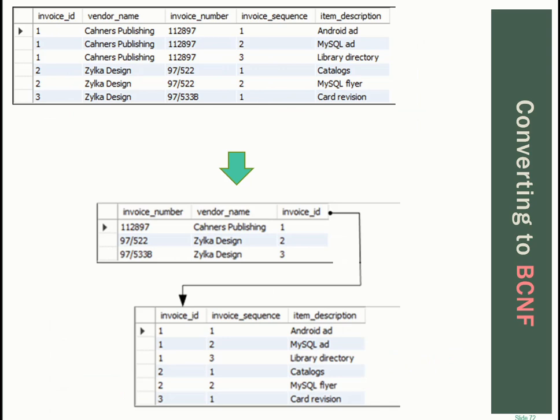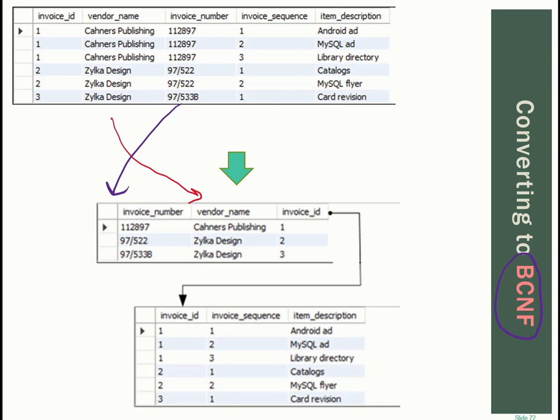This is your book solution to move the table into second normal form. Notice that your book did move the vendor name into its own table. And the book also moved the invoice number into that table as well. And yes, this is a better structure. What we're talking about here is really Boyce-Codd normal form, not necessarily second.